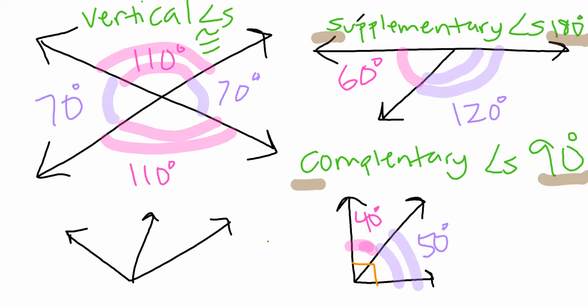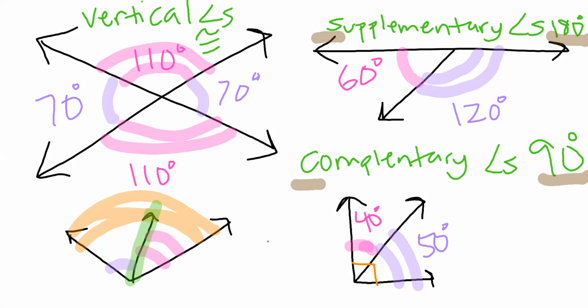We could talk about this angle here, this angle here, and the large angle that is both of those angles together. The pink and the purple angles are called adjacent angles because they share this side right here. They share a ray, and that's what makes them adjacent angles. Okay, so that's a quick review of the different types of angles.